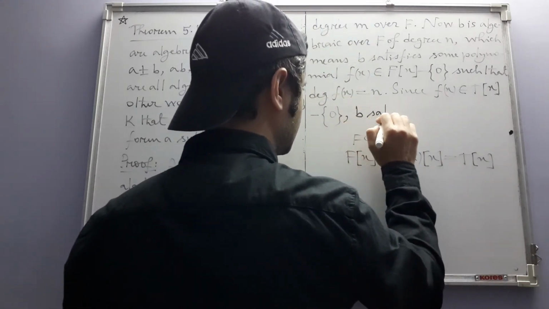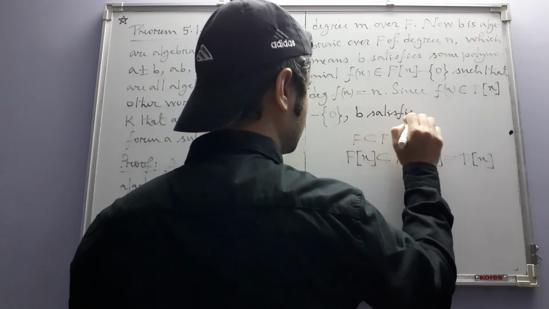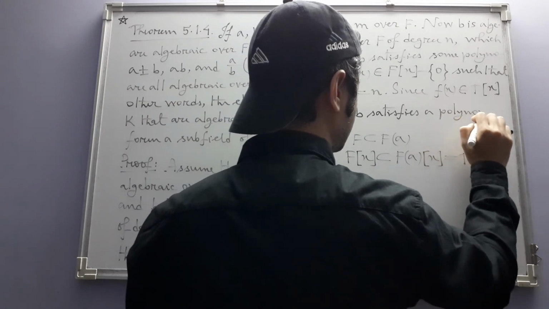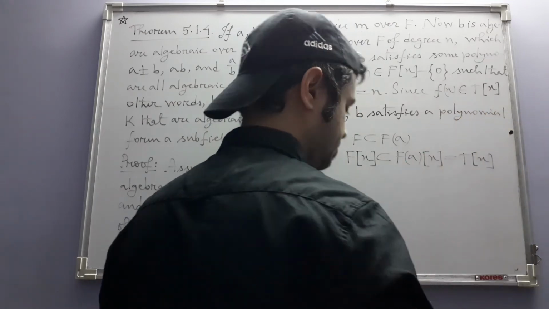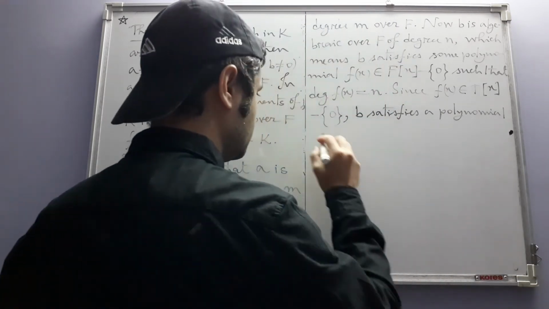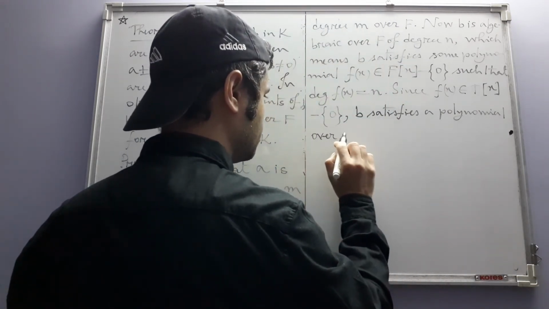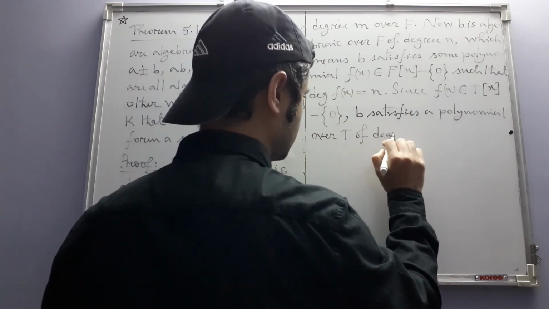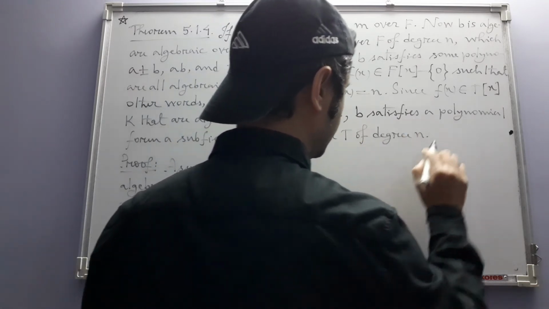B satisfies a polynomial over t of degree n.